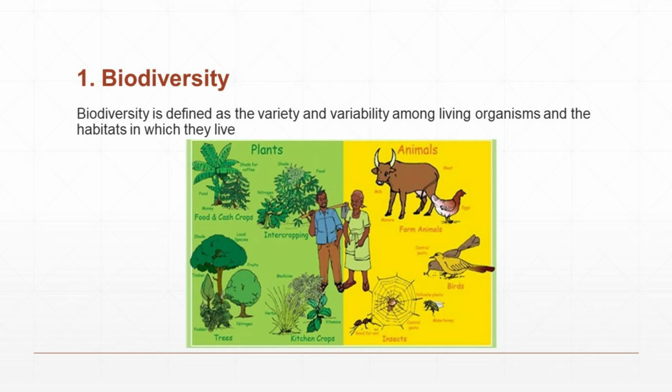Biodiversity includes a variety of ecosystems such as those that occur in desert, forest, mountains, lakes, rivers, and agricultural fields.